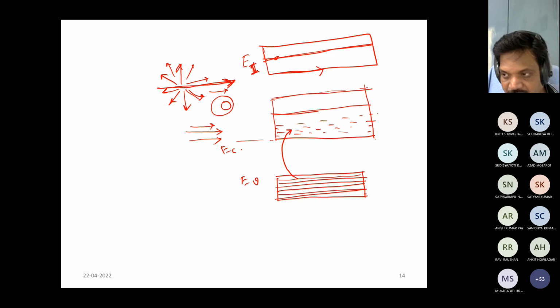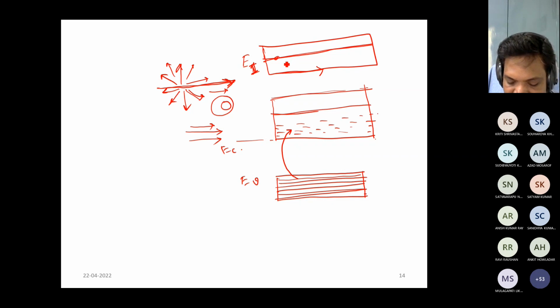So at this energy level, what is the probability of occupancy by an electron? Whether this energy state will be occupied by the electron or not, how can we get that? For a given temperature, it is very sensitive to and dependent on temperature.